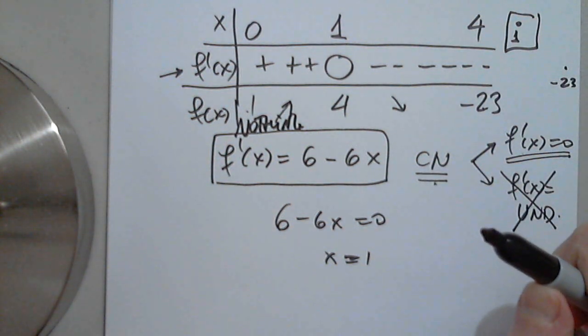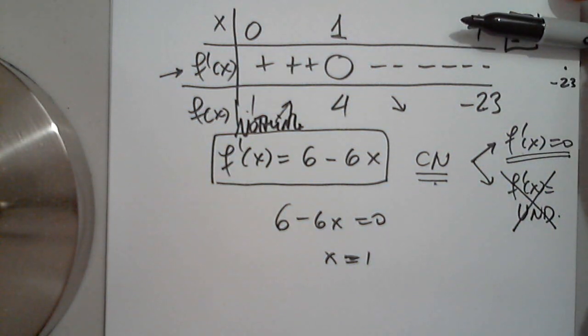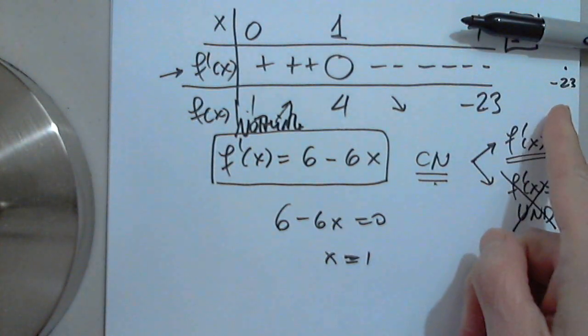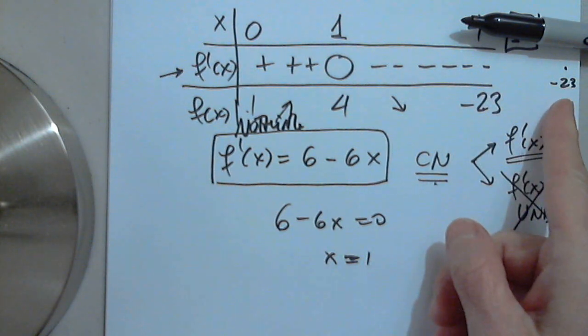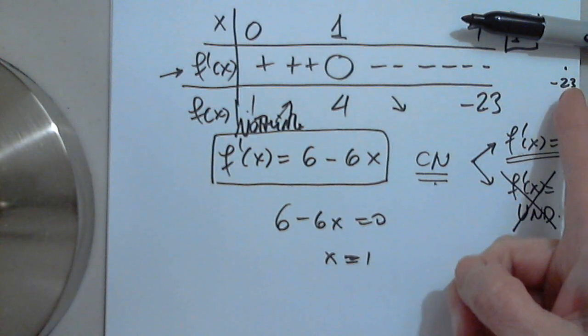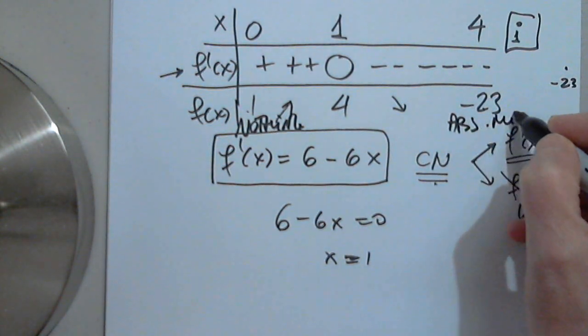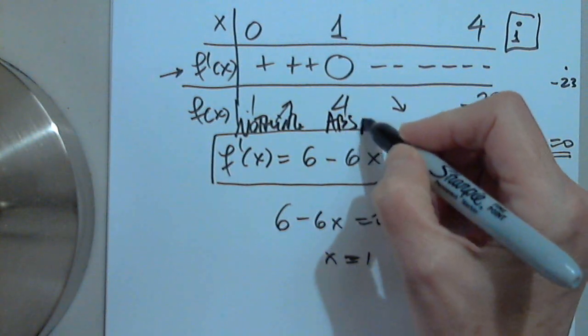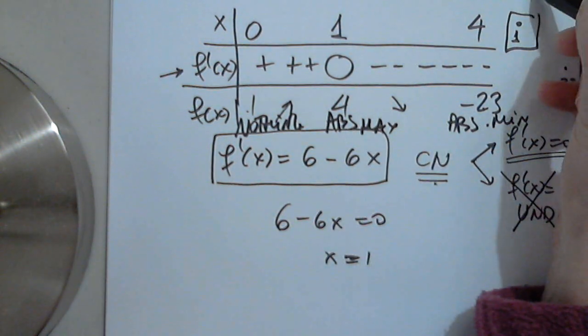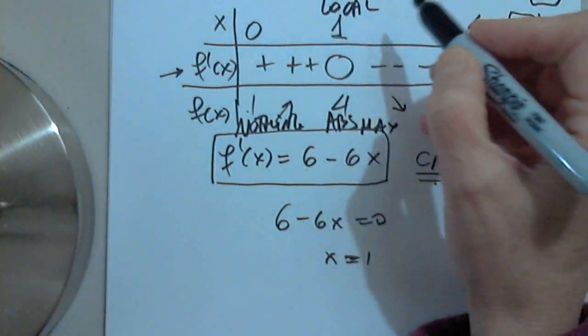It can only be an absolute max or min. It cannot be absolute max because there is one higher than it. It cannot be absolute min because there is one lower than it. So obviously this is the absolute max and this is the absolute min. Since this is in the middle of the interval, it's also a local max.